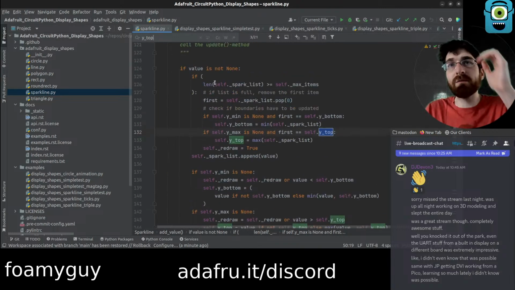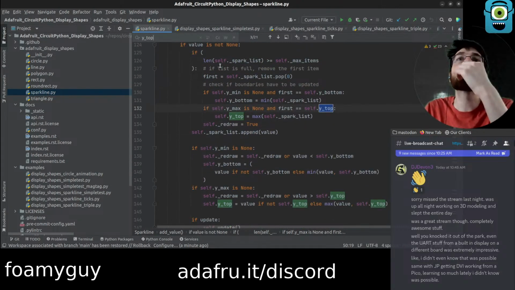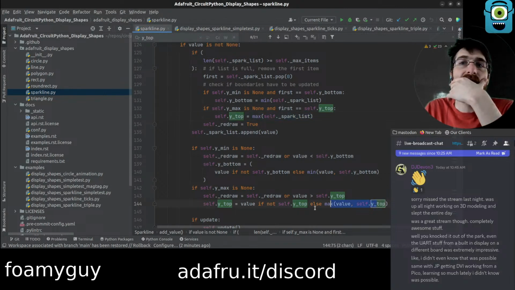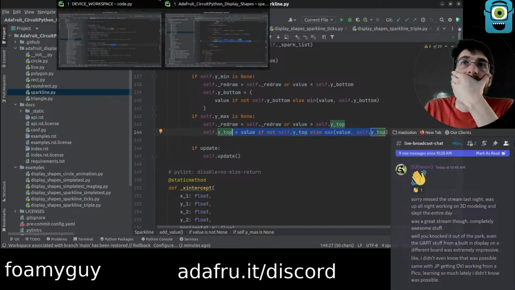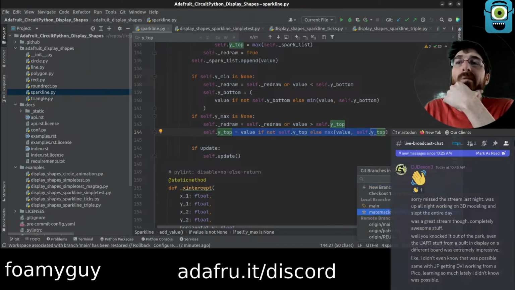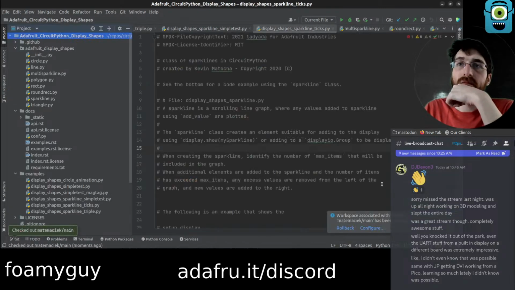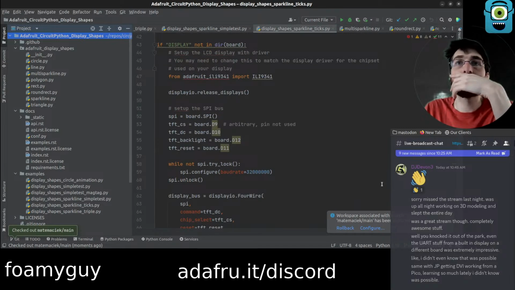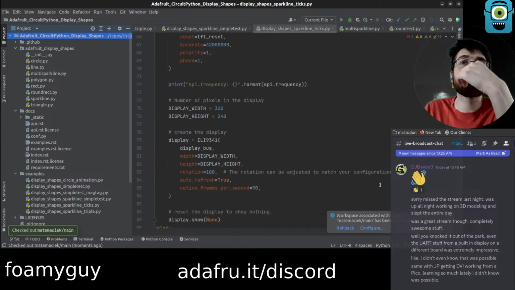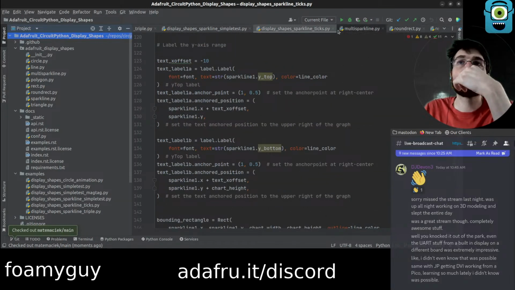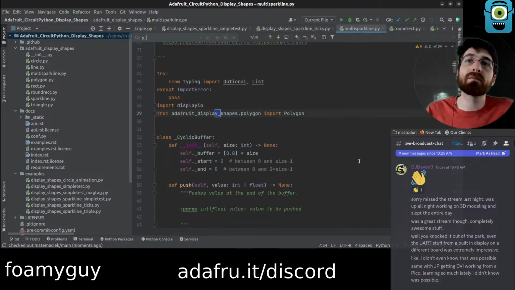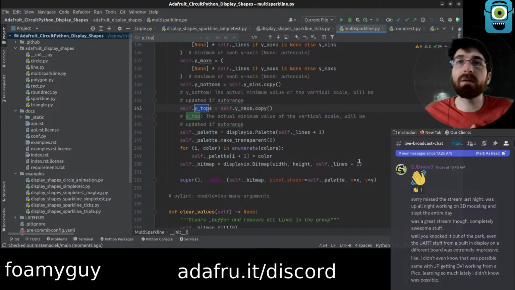So I mean, we can't just use Y max though, because Y top got updated by these things essentially. Y tops.